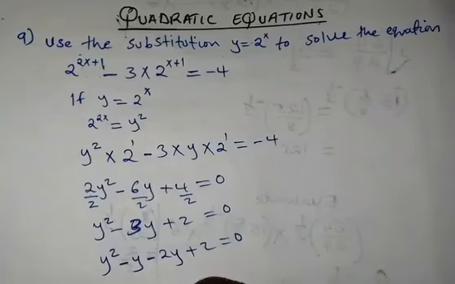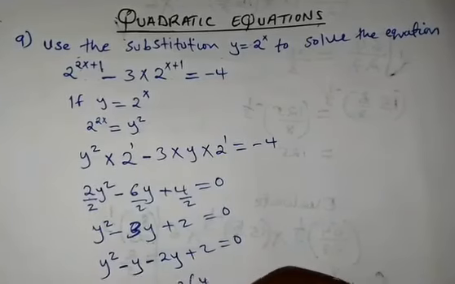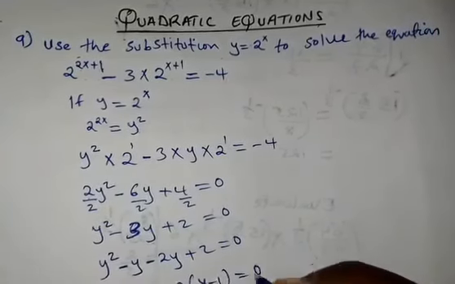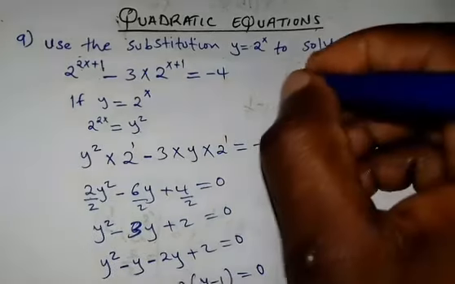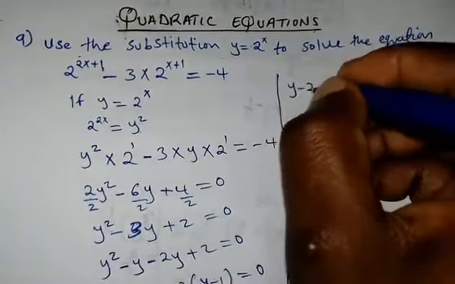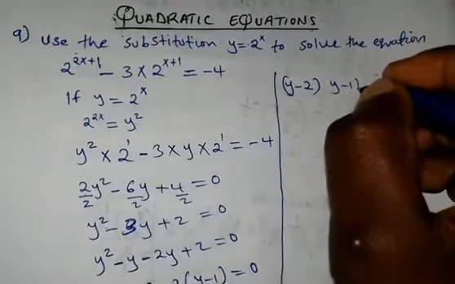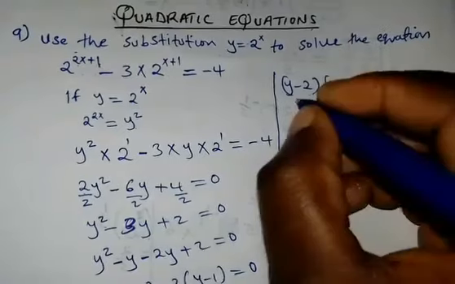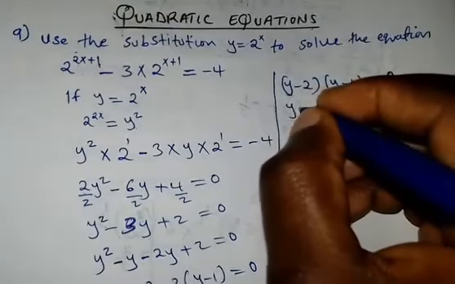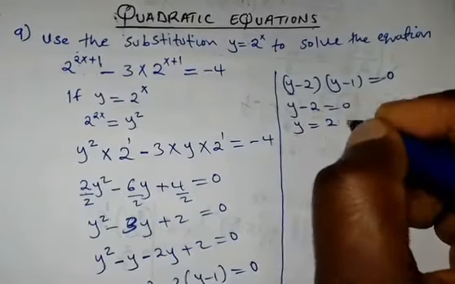So y minus 1 minus 2 times y minus 1 is equal to 0. So we'll have y minus 2, then we pick 1, y minus 1 is equal to 0, which implies that y minus 2 is equal to 0 and y is equal to 2.